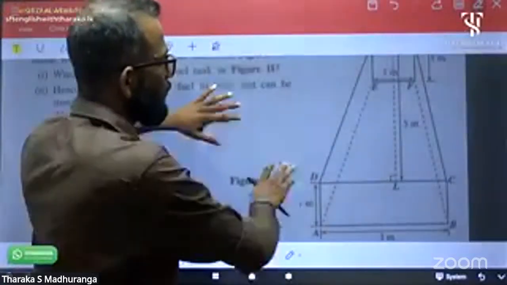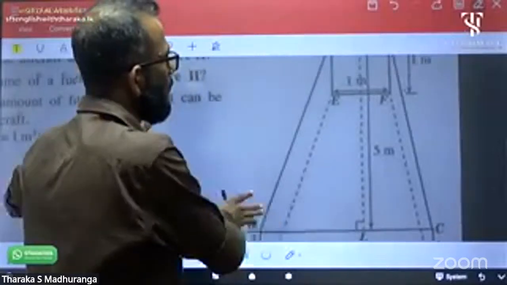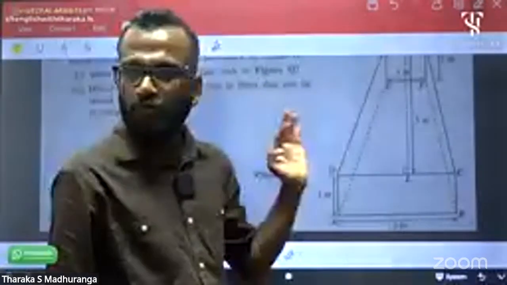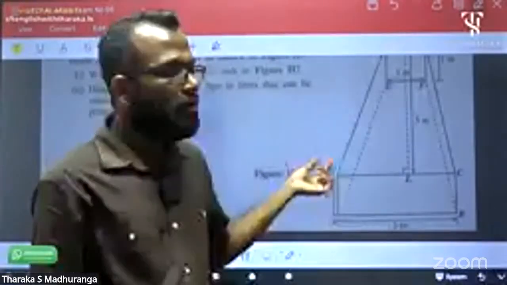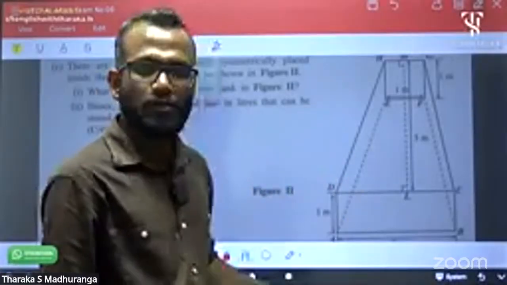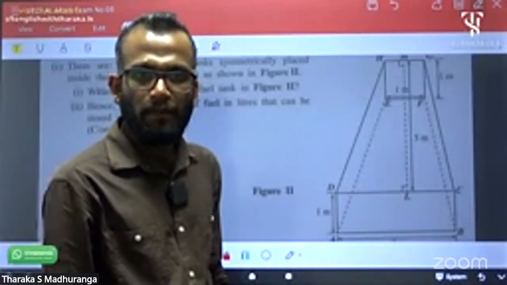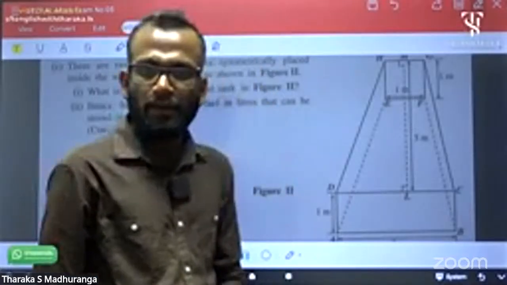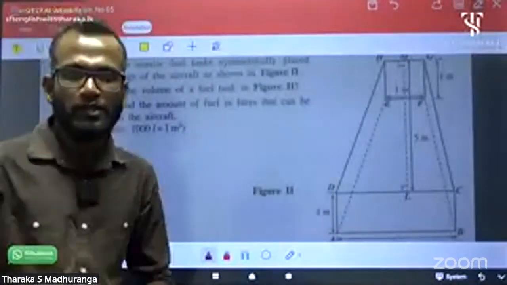Okay, can you see this? Is it a uniform cross-section object or a non-uniform cross-section object? Uniform or not?